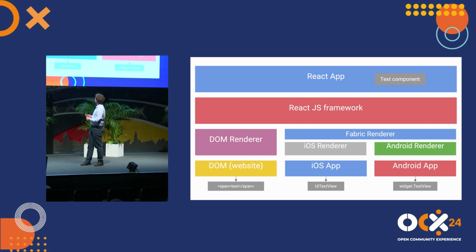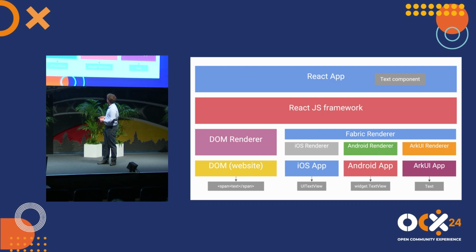And in the case of React Native, it's similar. We have the Fabric renderer, and then the platform-specific renderers. So basically, what we need to do is to provide an ArkUI renderer, which will basically do all the graphical work in ArkUI.